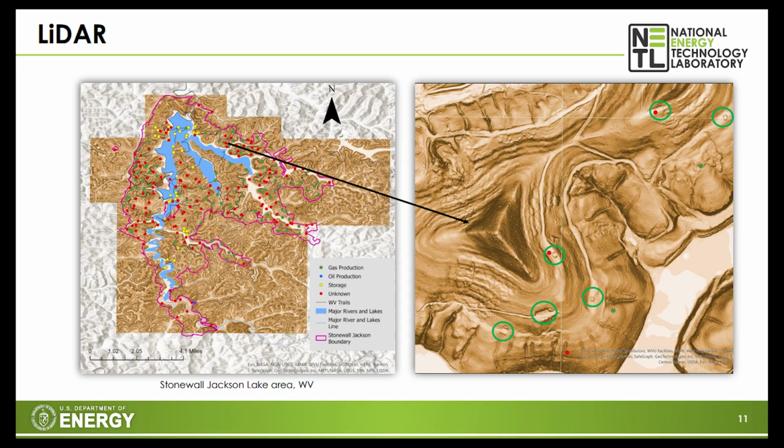But at the same time, the points in red, which are unknown wells, and the points in green, which are historical gas production wells, are not exactly on the well pad. Their geographical information is quite offset. When you go into the field looking for a well, if you don't find a well, that's going to be a waste of time. So LiDAR can be used as a tool in that aspect as well, for navigation through dense wooded areas, as well as for wells that are not accurately represented in the database.